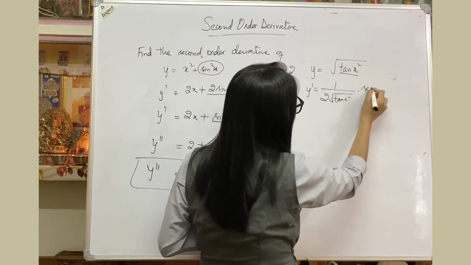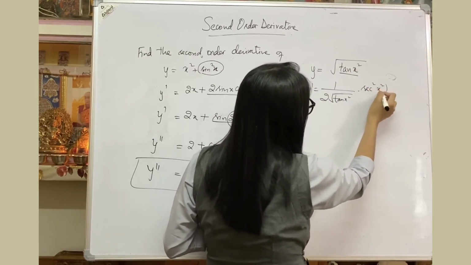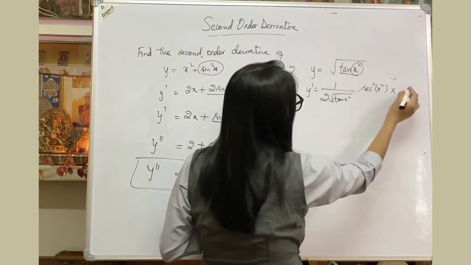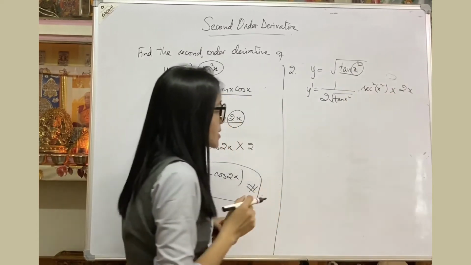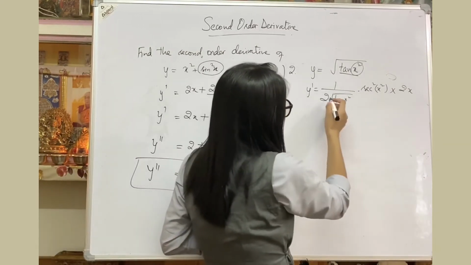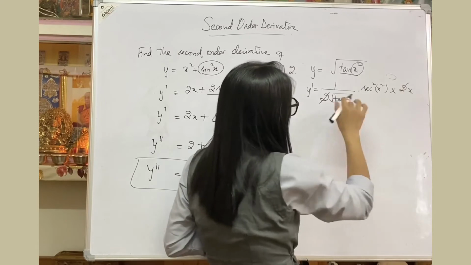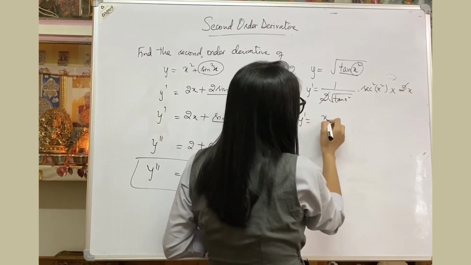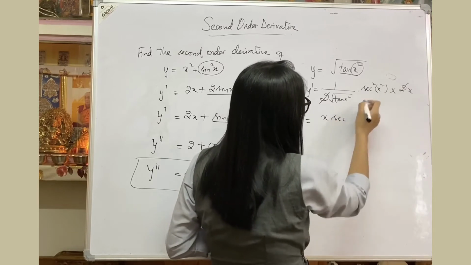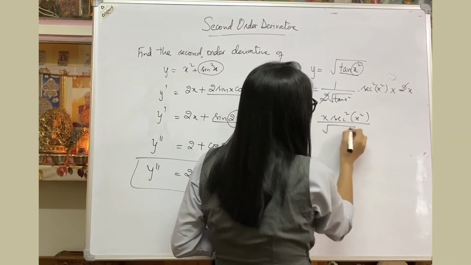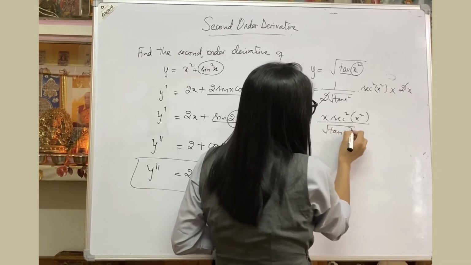It is sec square, so that is sec square x square, into then we need to differentiate this, that is 2x, right? Now we have completed this. So now we'll try to simplify this. I'll cancel out 2. So I have this x, I will write it first, x. On the numerator I have sec square x square whole divided by square root of tan x square.